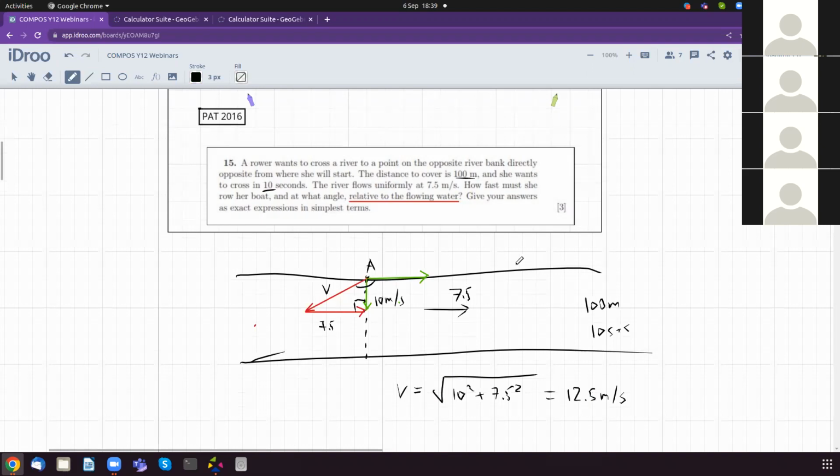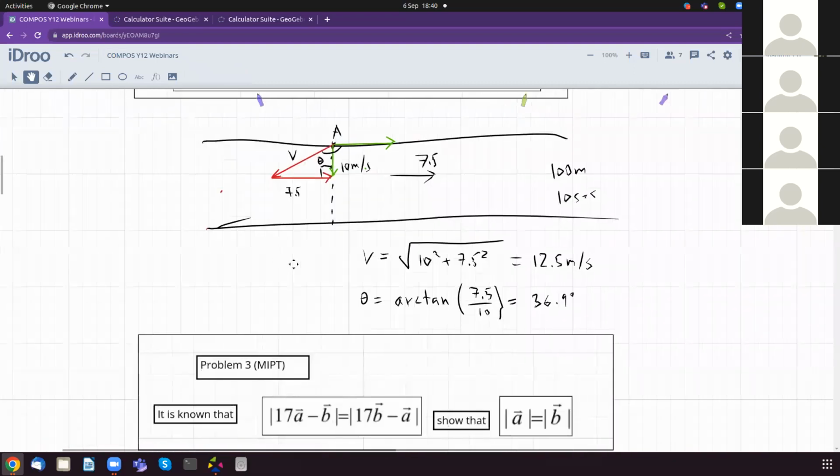Well, we can find the small angle, theta. You can use tan, so theta is arctan of 7.5 opposite divided by 10 adjacent, which is 36.9 degrees.